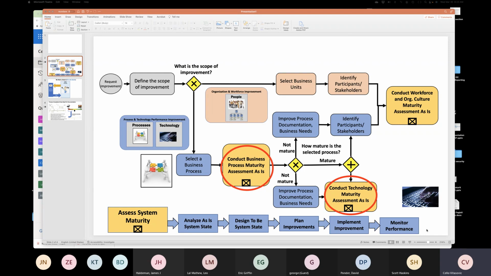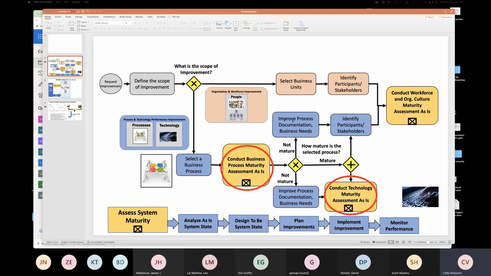Well, a couple of things really quickly, because we don't have that much time left on the call today. What Scott is talking about is shown on this chart. If you look at processes, it starts here where it says what is the scope of improvement, and if it has to do with process and technology, then we would select a business process, then conduct a look into it, and that's the assessment Scott is talking about.